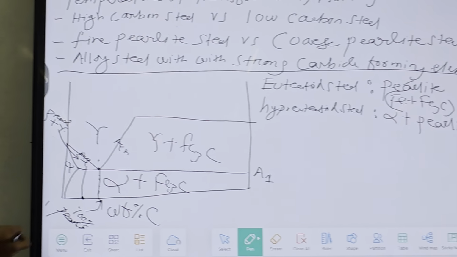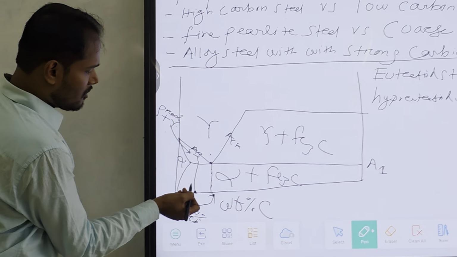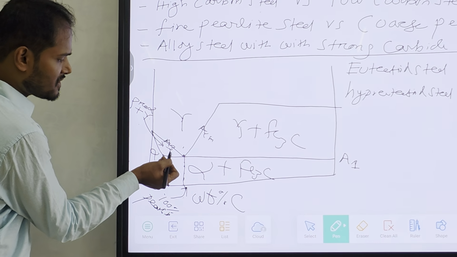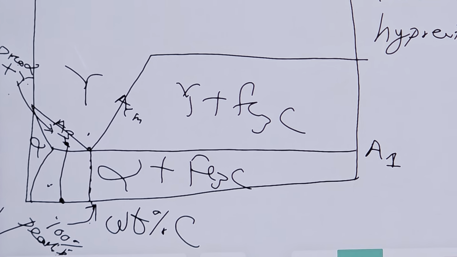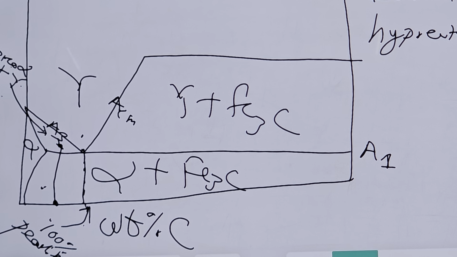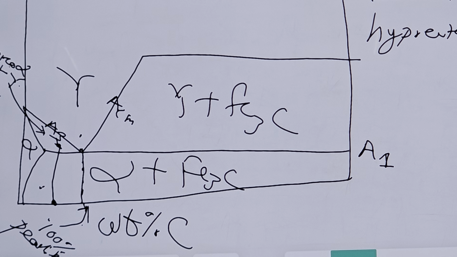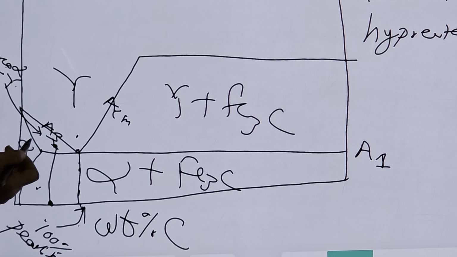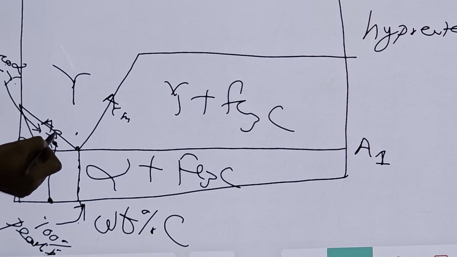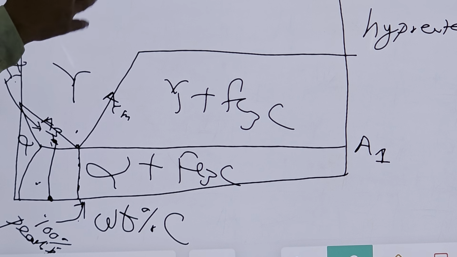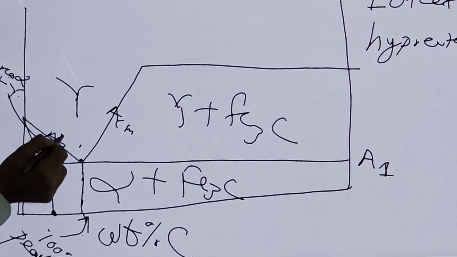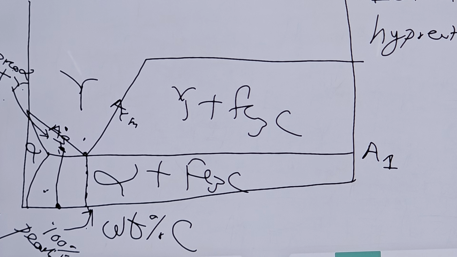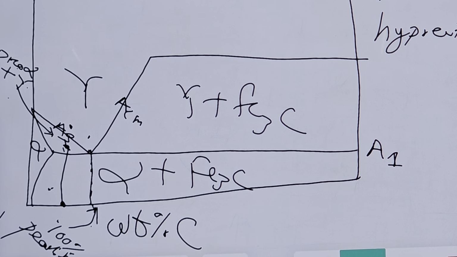Now you can see, once you start going to this region above A1, austenite will start forming. But there is not 100% austenite because some pro-eutectoid alpha is still there, right? So the higher the temperature you go, the more nucleation of austenite will form. Finally, the moment you reach above A3, here for example, every pro-eutectoid alpha will also transform into austenite.